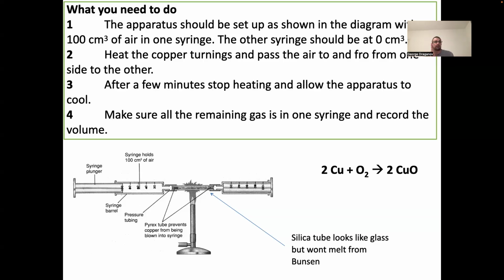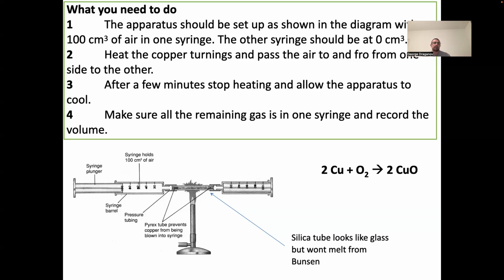So say it was supposed to be 80, it might appear at 85, which means when you try to find the percentage of oxygen, which you do by subtracting the final volume from the initial, so 100 minus 85, for example, would be 15. And then you divide it by the original volume, which is 100, you'll get 15%, which is too low.